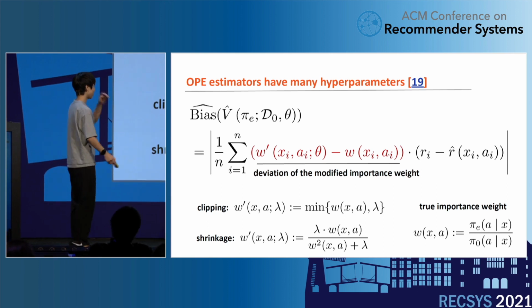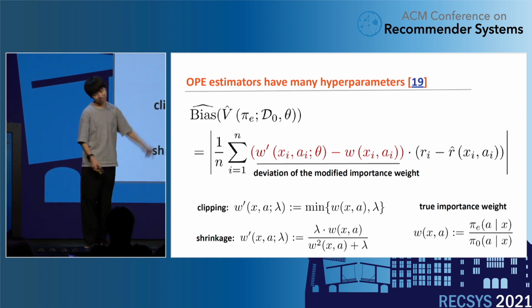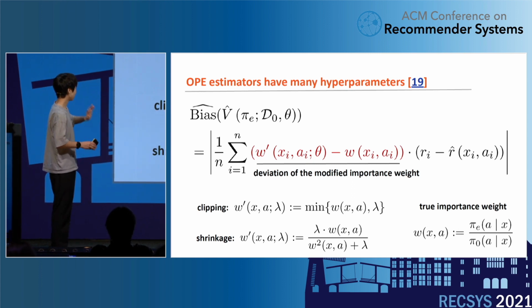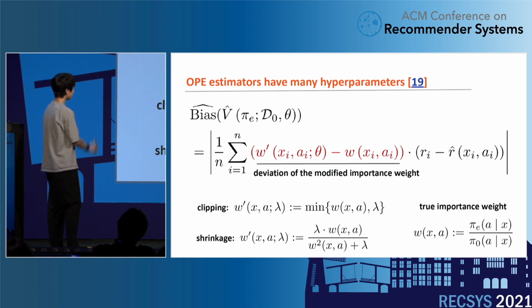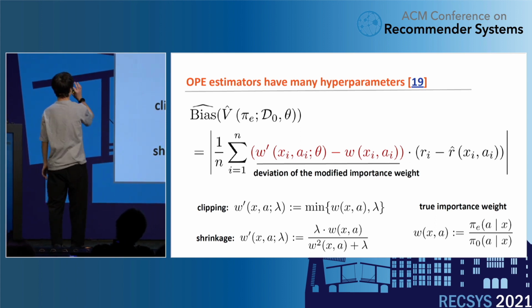We have several modifications, for example, the ClipIPS technique or the shrinkage. So this is a totally estimator-dependent term. The red part is just the deviation of the modified importance weight from the true importance weight. This means that the larger the deviation of the modified importance weight, the larger the bias estimate.